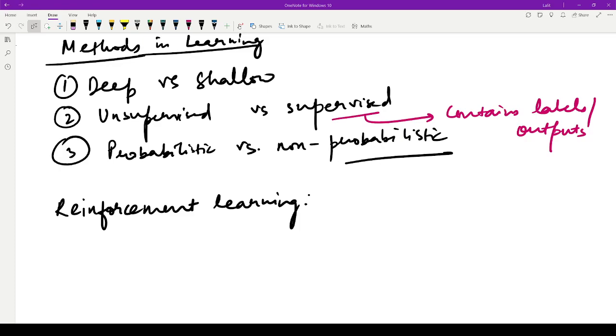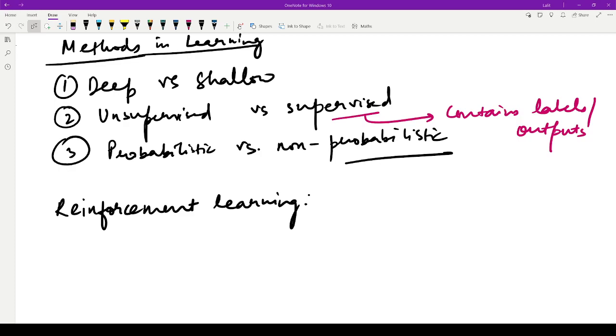The problem there is that you don't really have direct input-output relations. For instance, a robot has to use its arm to hold a cup of coffee.